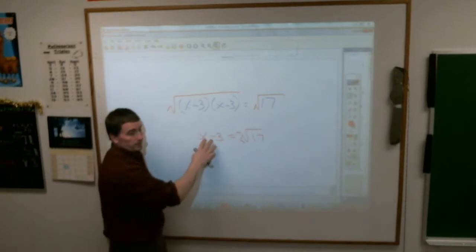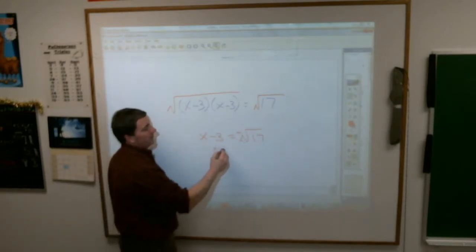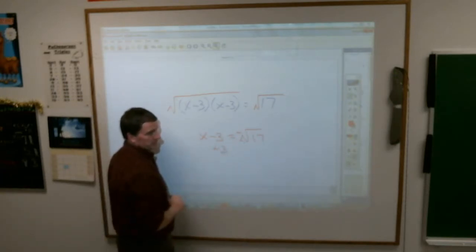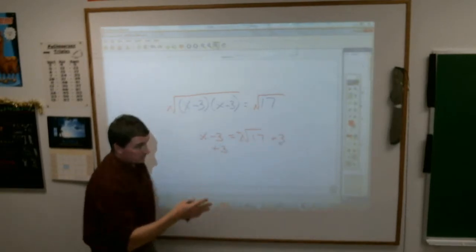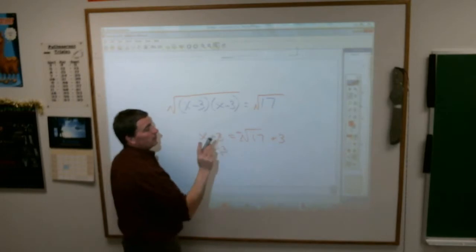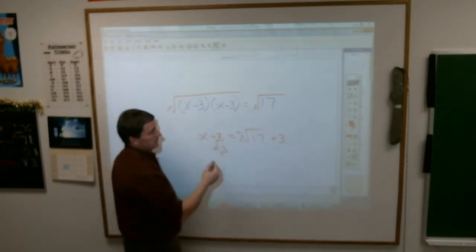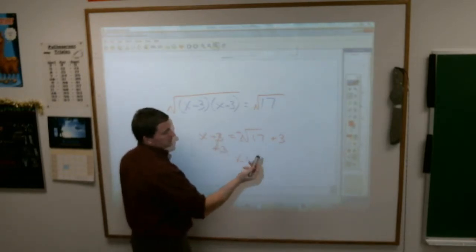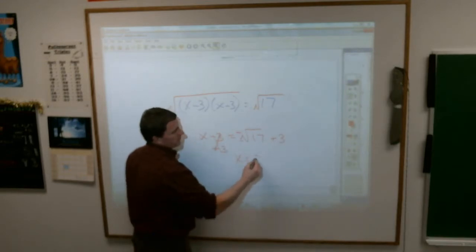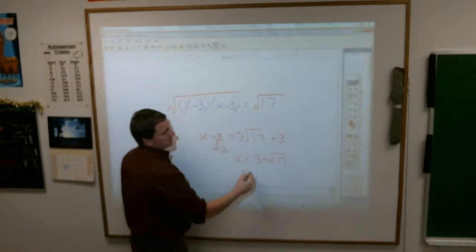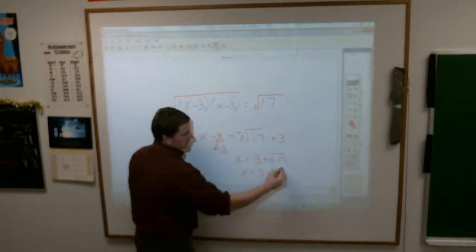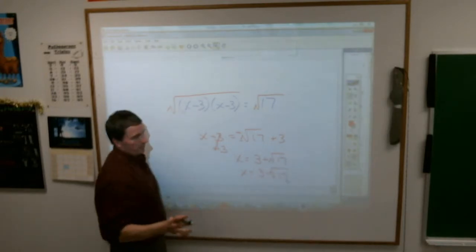If I need to solve this for x, I add 3 to both sides. I add 3 over here. It doesn't combine with the square root of 17 because they're not like terms in any way. So you have two answers here. x equals, I'll put the number first, 3 plus the square root of 17, and x is going to equal 3 minus the square root of 17. You can do no more than that with it.